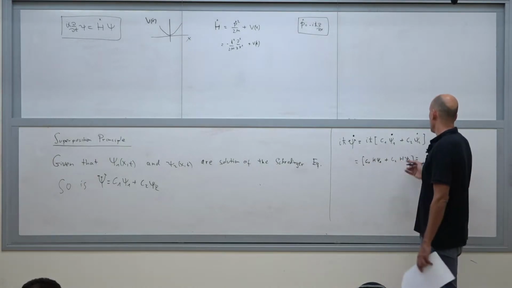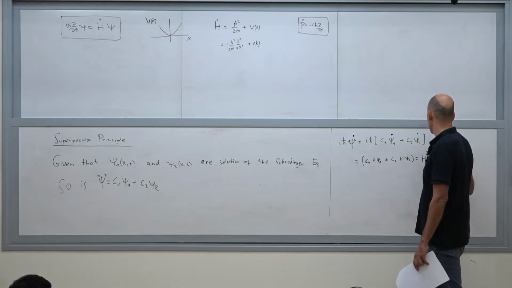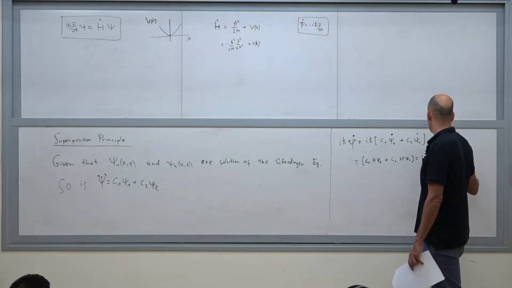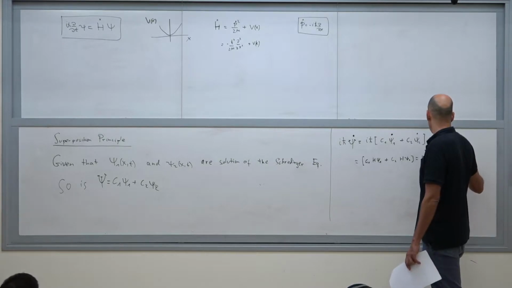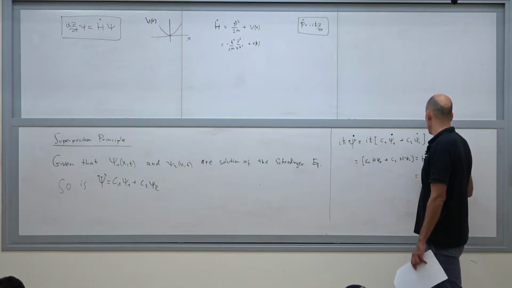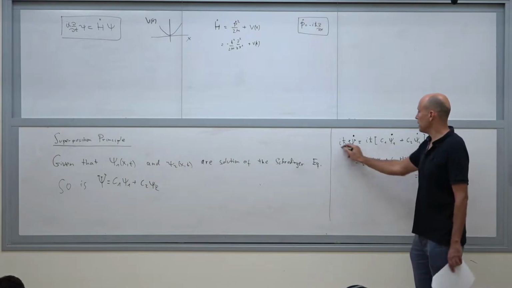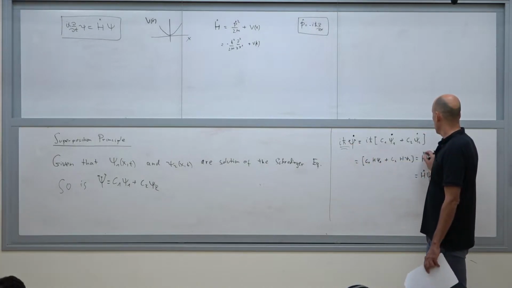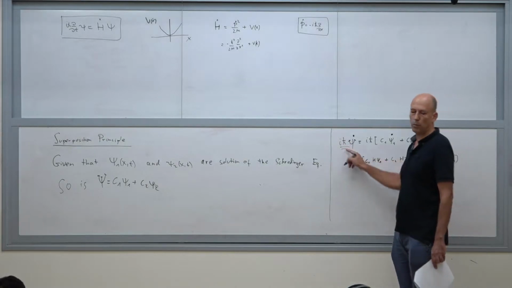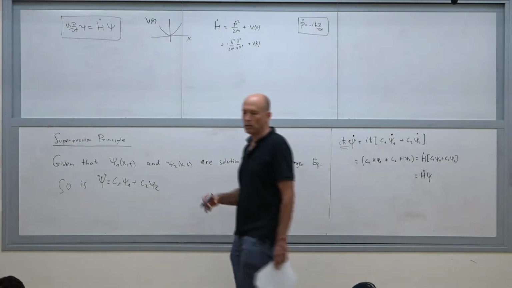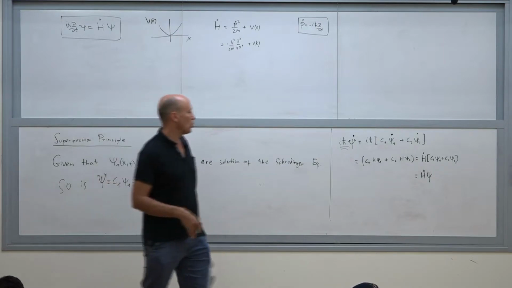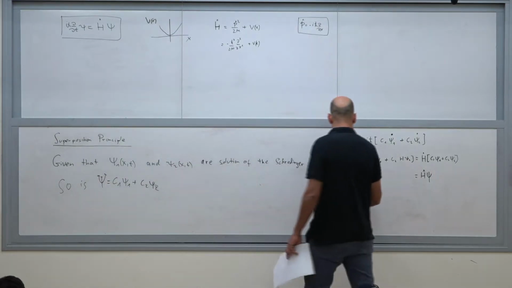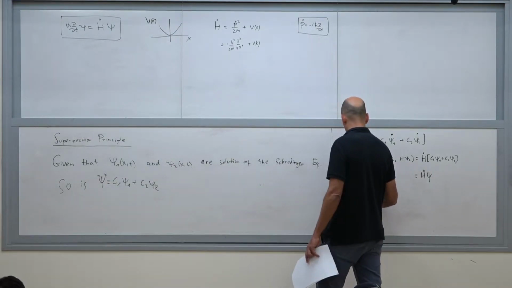So I can replace their positions, and then this is simply C1 psi1 plus C2 psi2, and this is equal to H psi. This means that the time derivative of psi is equal to H times psi multiplied by the usual 1 over iħ, and that means it's a solution. So we have proven this simple principle.